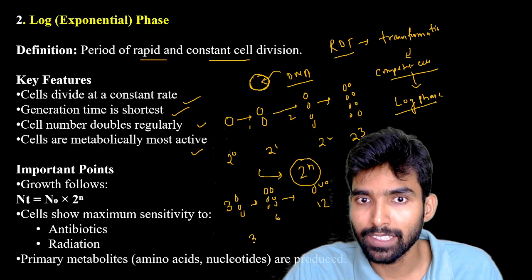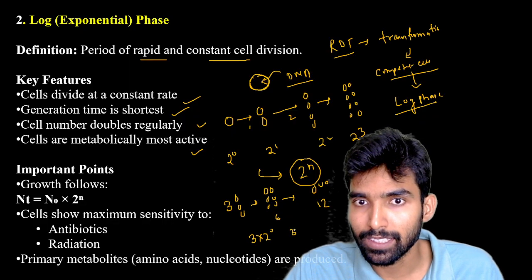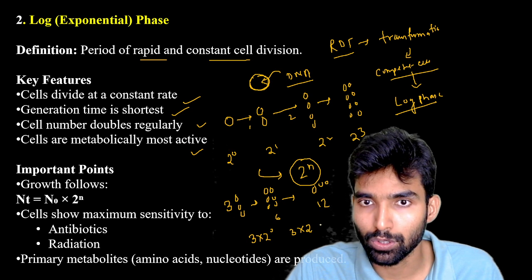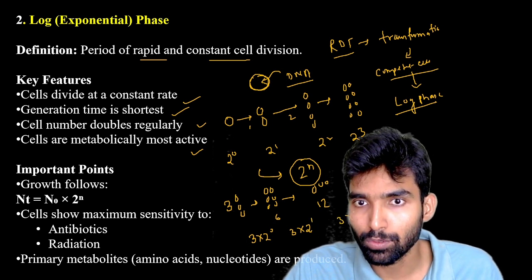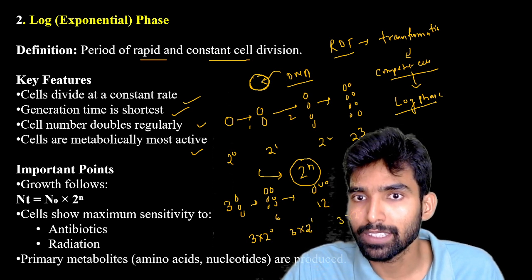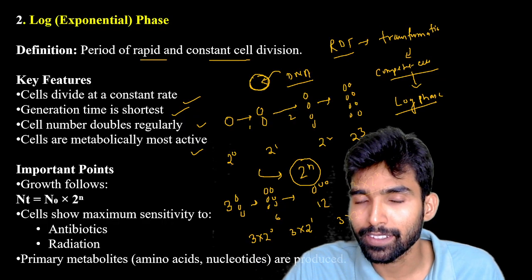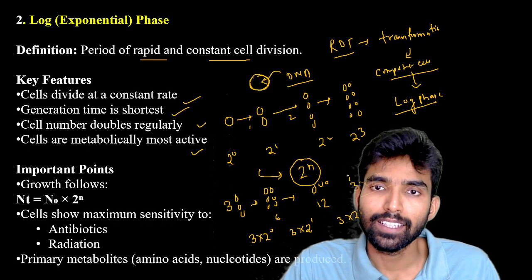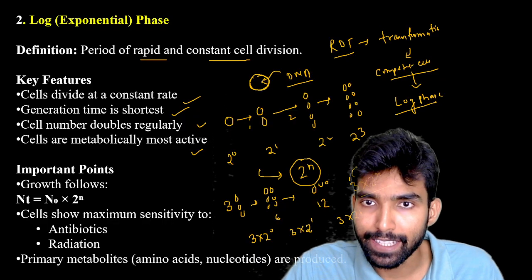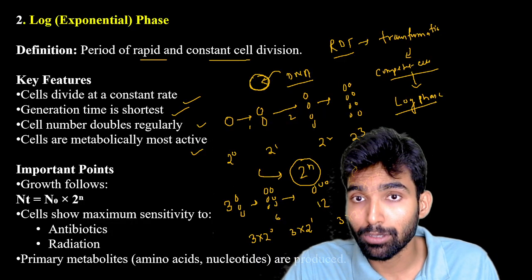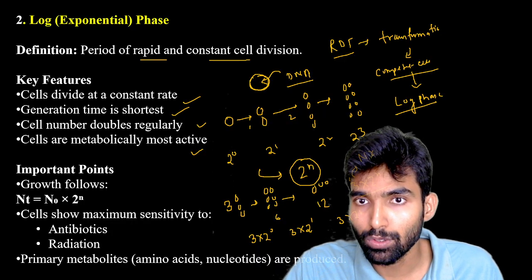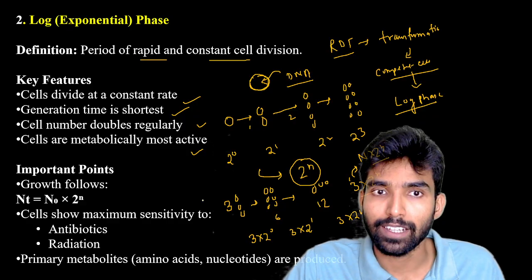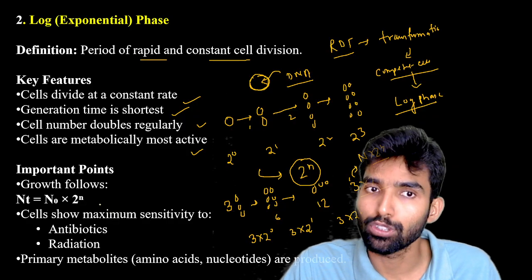That means 3 into 2 to the power 0, 3 into 2 to the power 1, 3 into 2 to the power 2. That means it will be 3 into 2 to the power n, right? So I have considered 3 as a random number. If I take N0 as the initial number of bacteria, then it will be N0 into 2 to the power n. That's how Nt equals N0 into 2 to the power n comes.